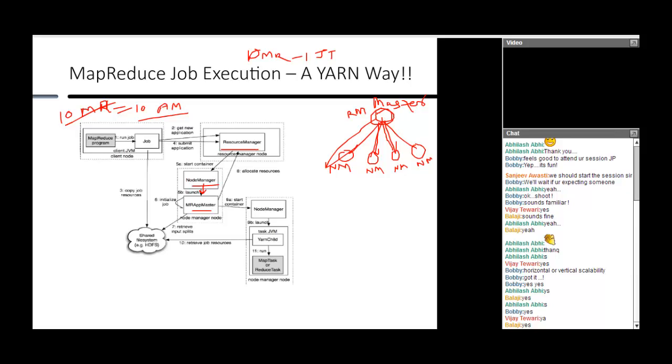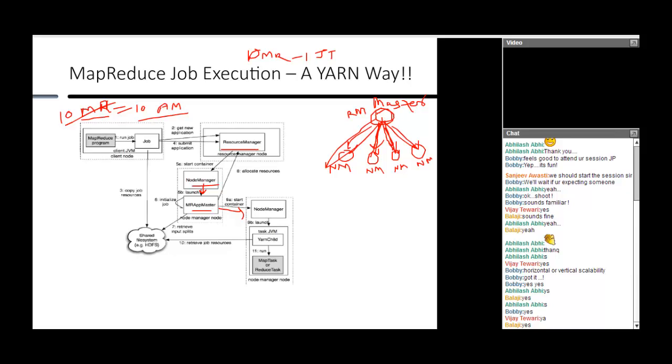Now once you create an application master, it will take care of this MapReduce program and manage its entire life cycle. It will create different map tasks. As I told you, it's a divide and conquer strategy, remember. So it will divide this entire program into multiple subtasks.